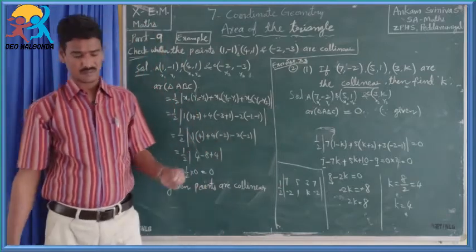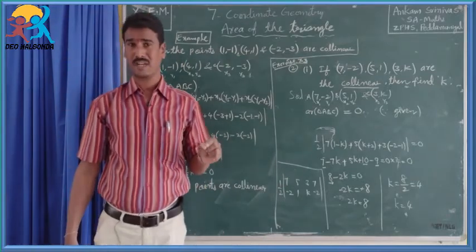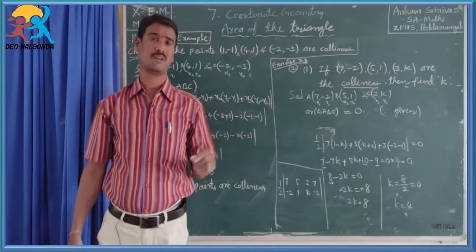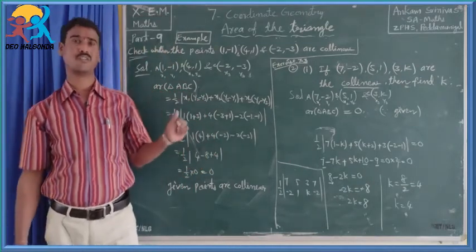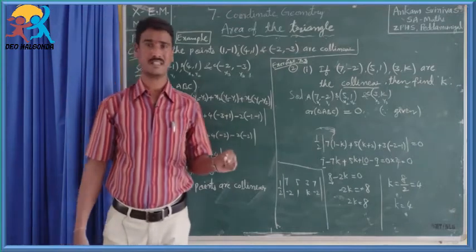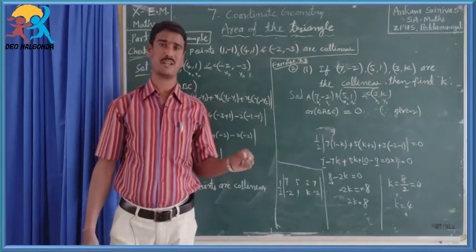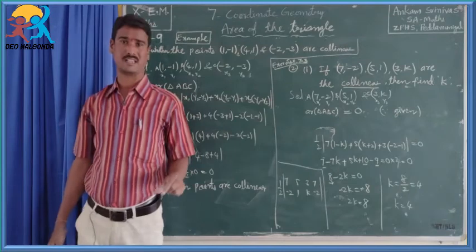And in exercise 7.1, he gave two problems. Show that given points are collinear. Check whether given points form a triangle.